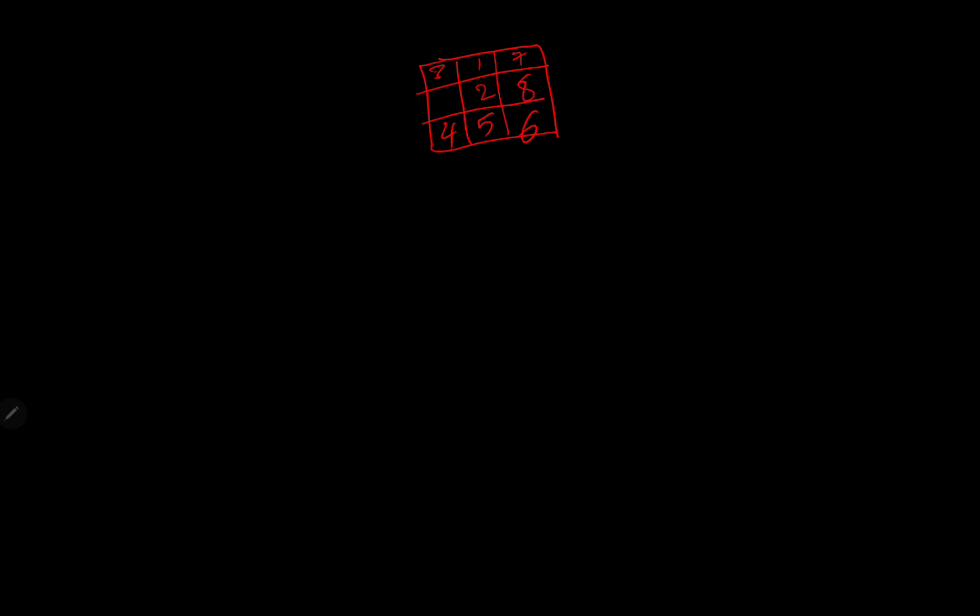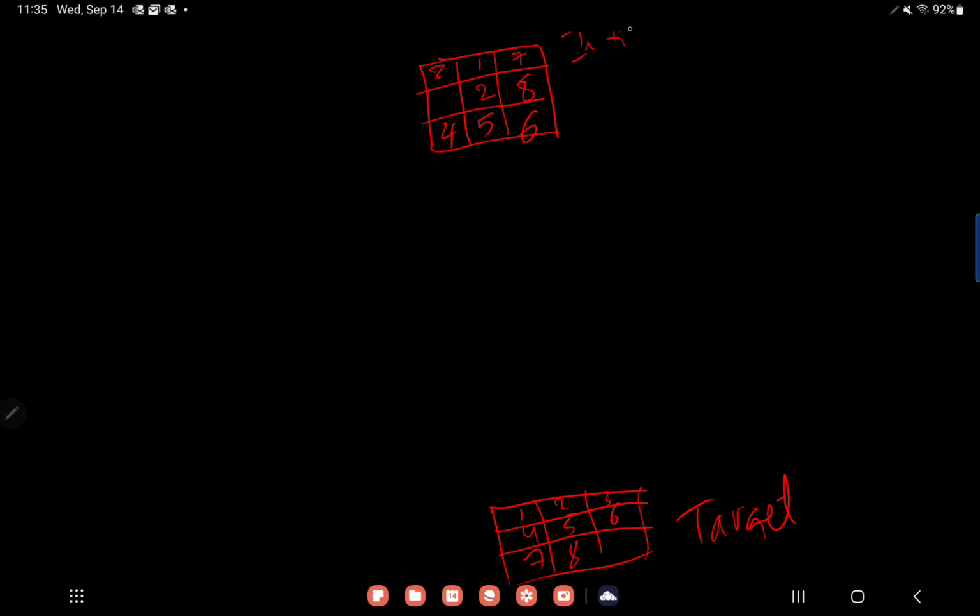Okay, so now we have this state, and we want to reach our goal or target state, which can be in this way: 1, 2, 3, 4, 5, 6, 7, 8. So this is the goal, the target, and this is the initial state.